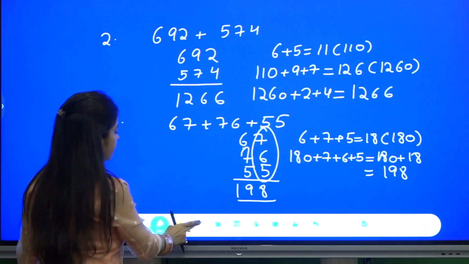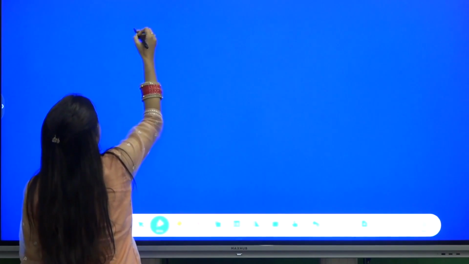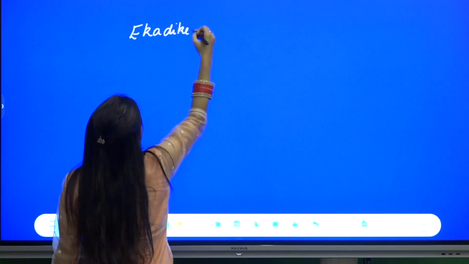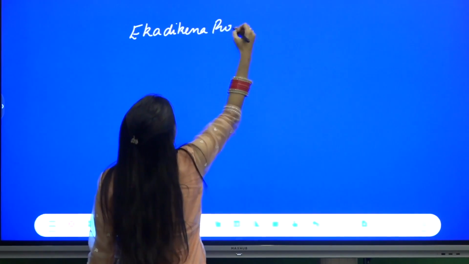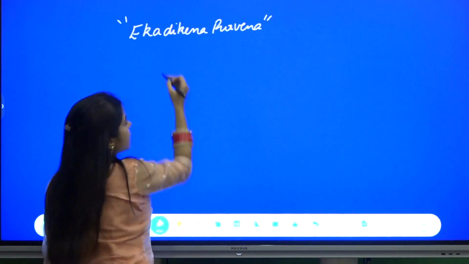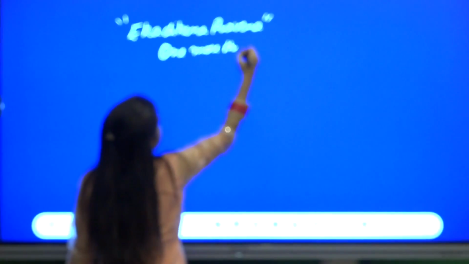Next technique is using the sutra Ekadhikena Purvena, which means one more than the previous.